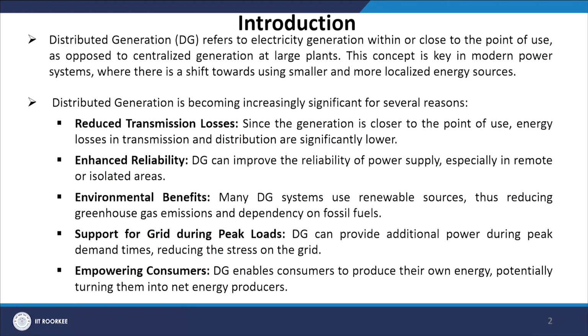Now, distributed generation is becoming increasingly significant for several reasons, and the first one is reduced transmission losses. It is expected that when energy is not flowing a long distance and you are able to generate at a local point, then certainly the transmission losses are less.